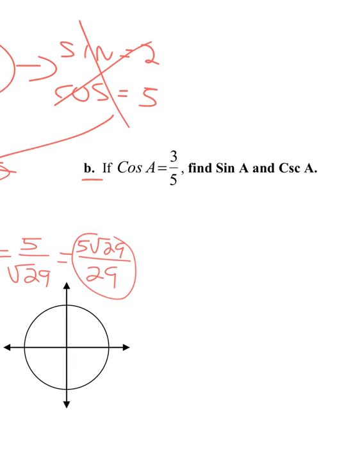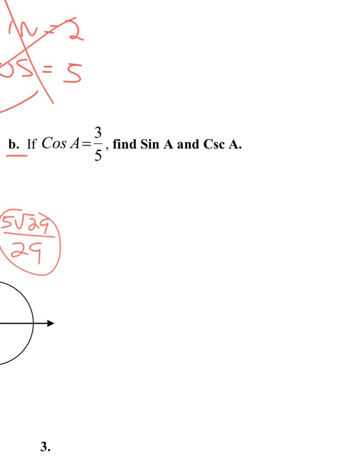Now this one's going to be a triangle that we can deal with, meaning it's a Pythagorean triple. So if cosine of A is 3/5, if I draw this right triangle right here, let's say this is an angle A, well, cosine's adjacent over hypotenuse, this is 3, the hypotenuse is 5. Well, our Pythagorean triple for this is 3, 4, 5.